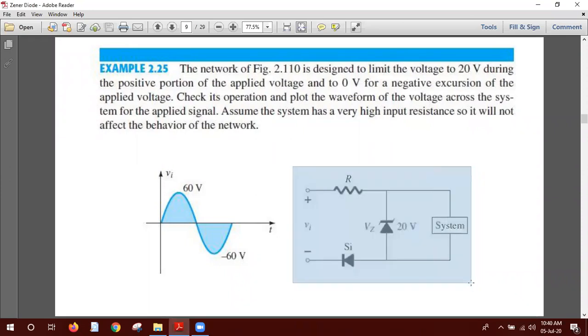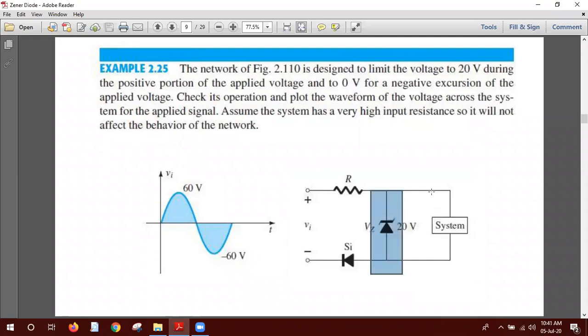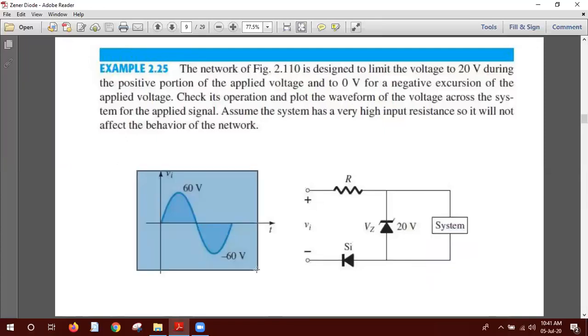In this system, there is a Zener diode on the output side, and there is a system here. This is the input, a sinusoidal input with a maximum voltage of 60 in both the positive and negative cycle. The Zener voltage is 20 volt.